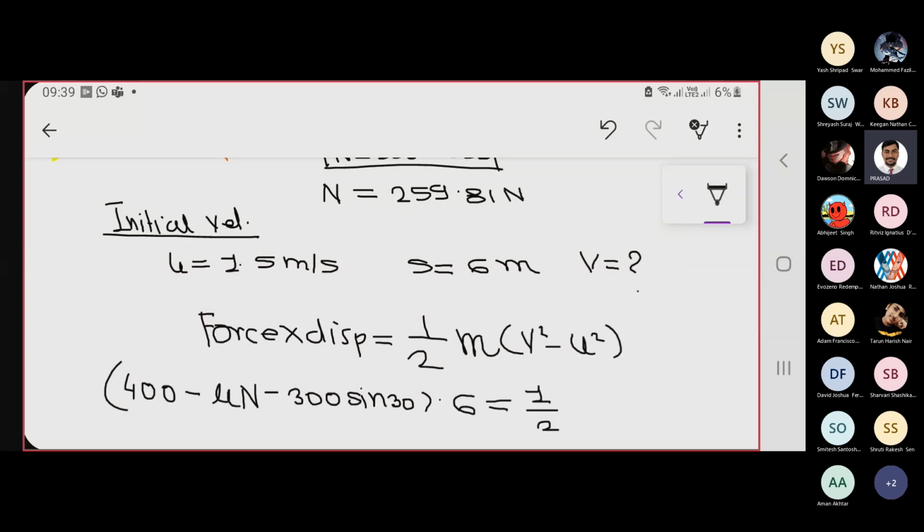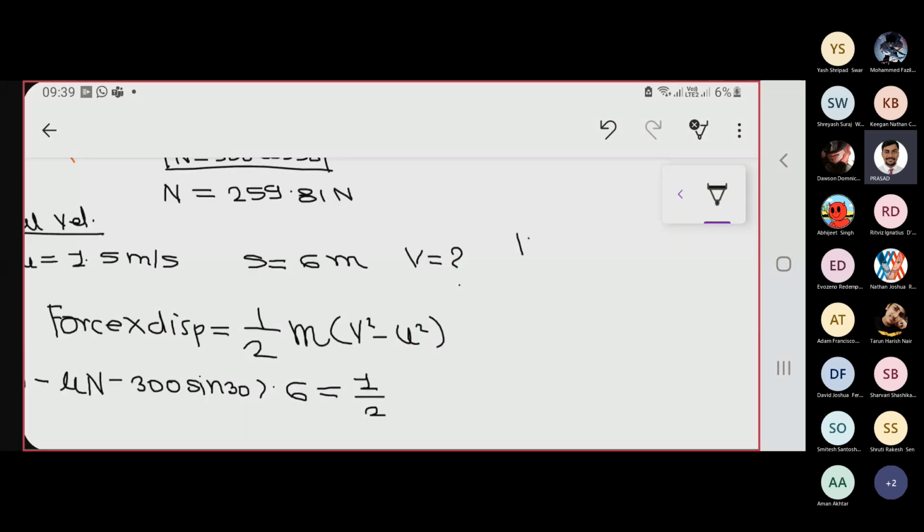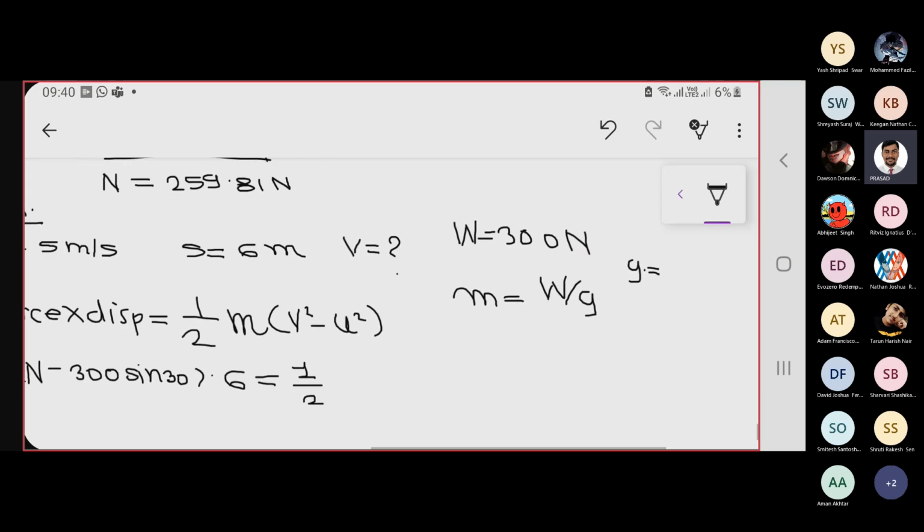This is equal to half. Now body weight W is given as 300 Newton. Mass is not given, weight is 300 Newton. So you have to find out mass by using W by g, where g is 9.81. Remember.